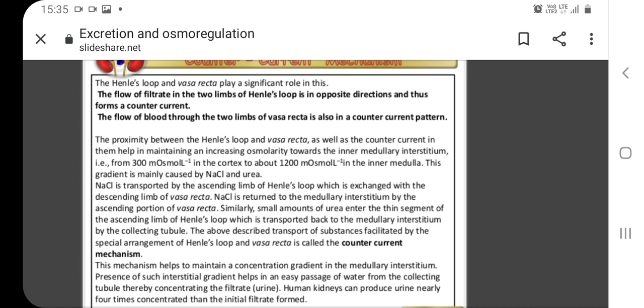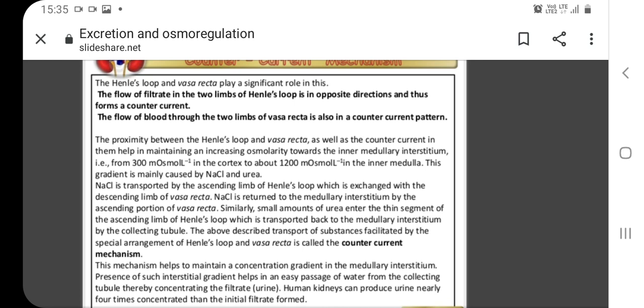Sodium chloride is transported by the ascending limb of Henle's loop, which is exchanged with the descending limb of vasa recta. Sodium chloride is returned to the medullary interstitium by the ascending portion of vasa recta.